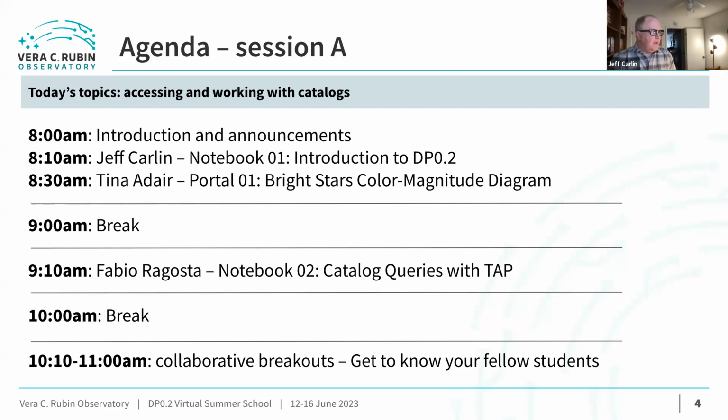We'll have a brief break, and then Fabio is going to teach us how to do queries with the TAP service, which is the main means of access to catalog data products. And then finally, we'll wrap up with getting to know each other a little bit, and then hopefully that will inspire you to seek out like-minded folks to work together with this week.